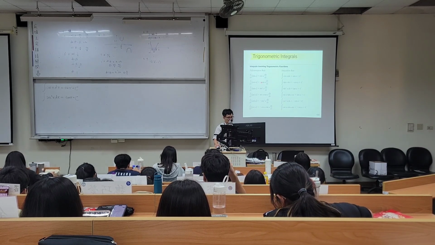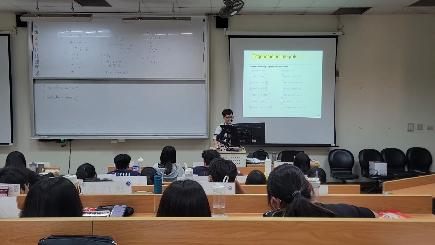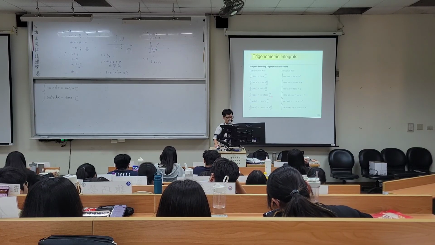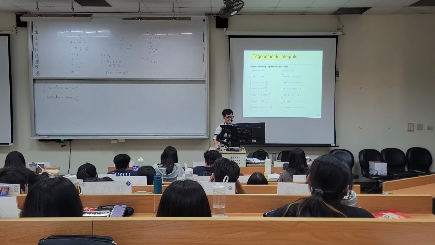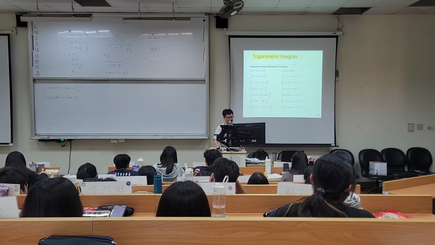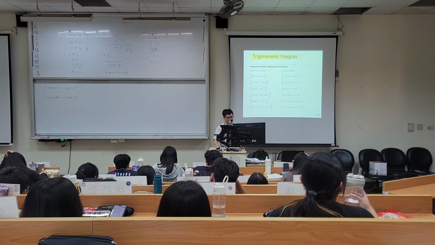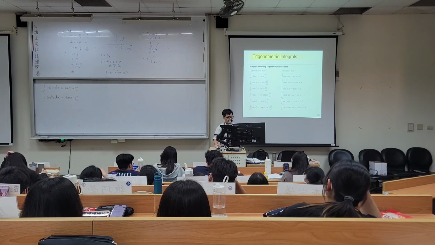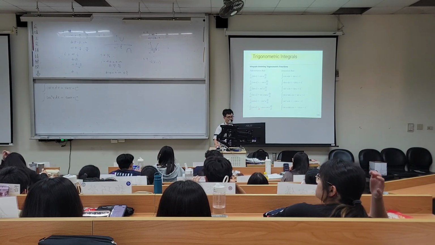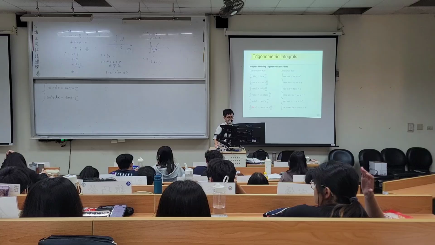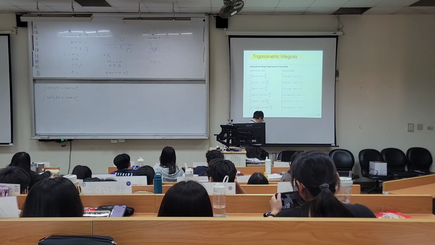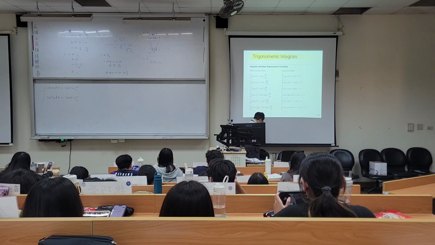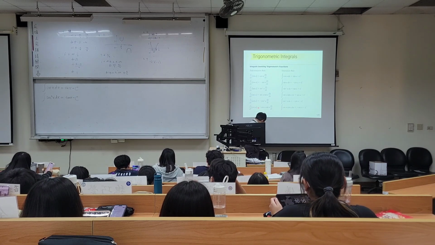So from this, the integral of secant square will be tangent. And from this one, the integral of secant tangent will be secant. And here, the integral of cosecant square will be minus cotangent. And the integral of cosecant cotangent, you will get minus cosecant. Okay. So that's some very fundamental thing.